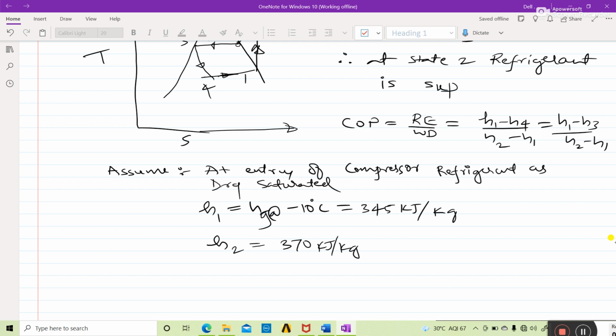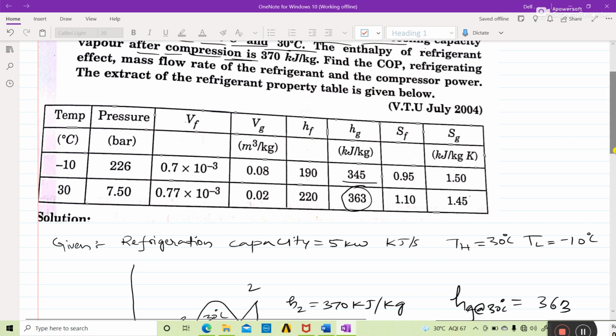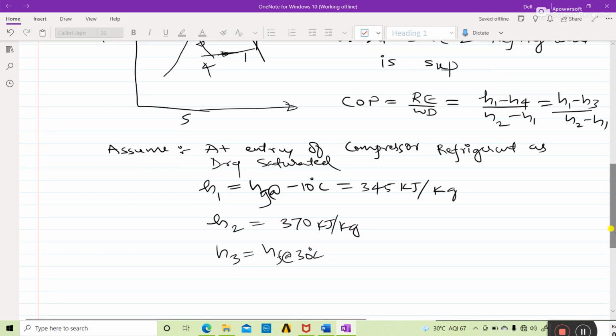H3 is equal to Hf at 30 degrees Celsius, which is 220 kilojoule per kg.